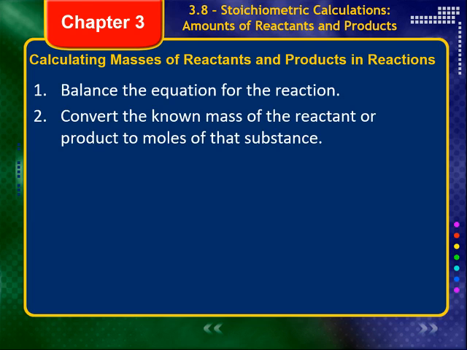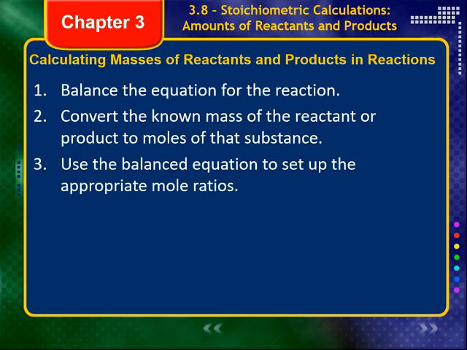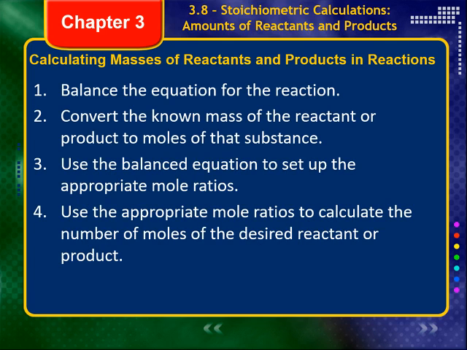substance. Now, obviously, if the problem just gives you moles of that substance, you pick it up right here and use the balanced chemical equation to set up the appropriate mole ratios. You're going to use those mole ratios to calculate the number of moles of the desired reactant. So you're using those mole ratios as a conversion factor.